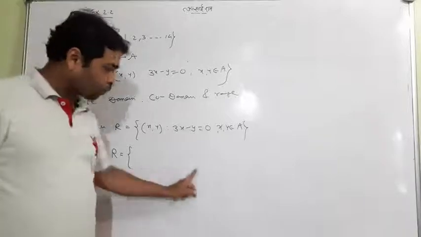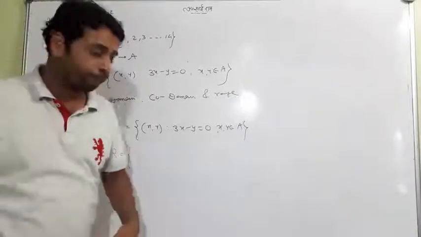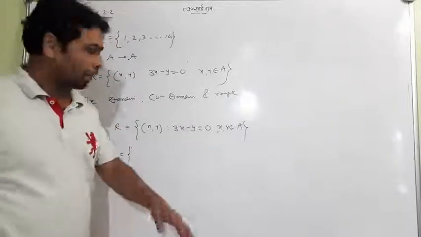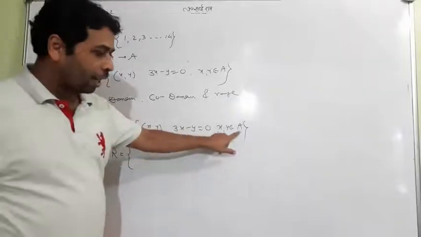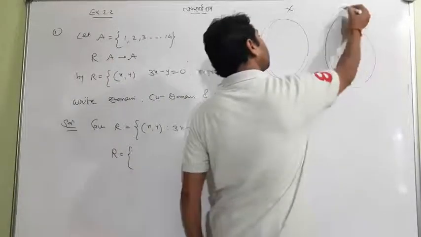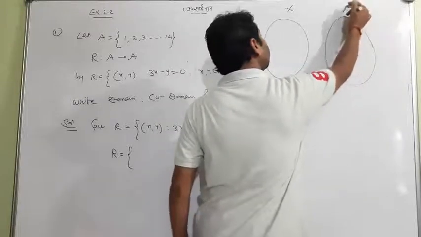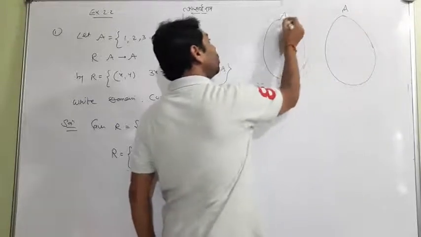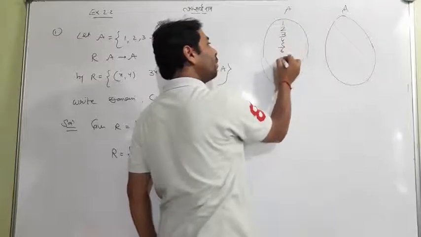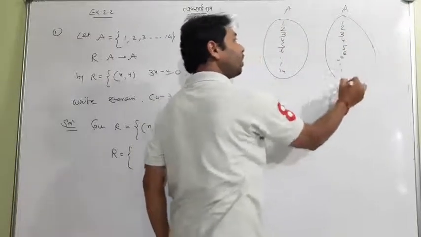When you find the roster form, you can simply predict what the first element and the second element are. X and Y both are elements of A. It is an arrow diagram, though not necessary: 1, 2, 3, 4, 5 till 14.